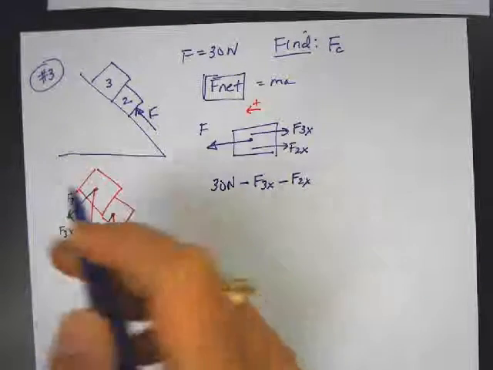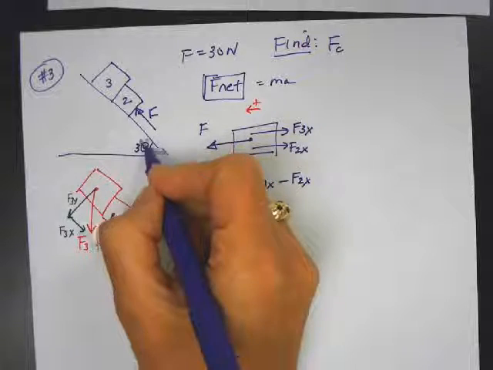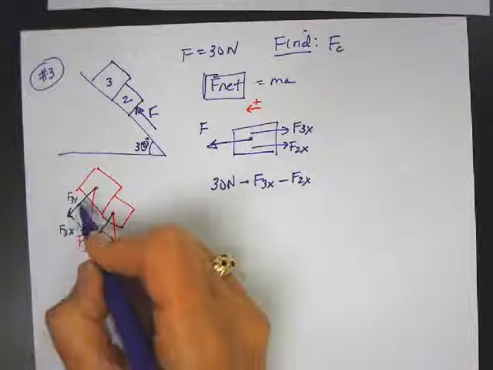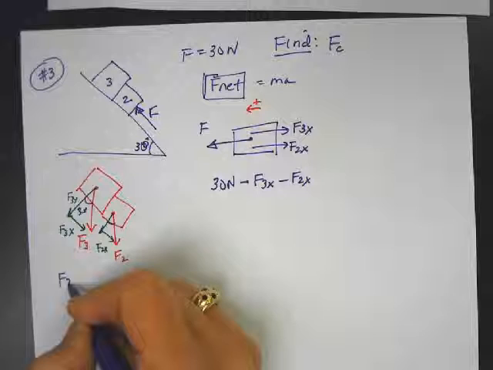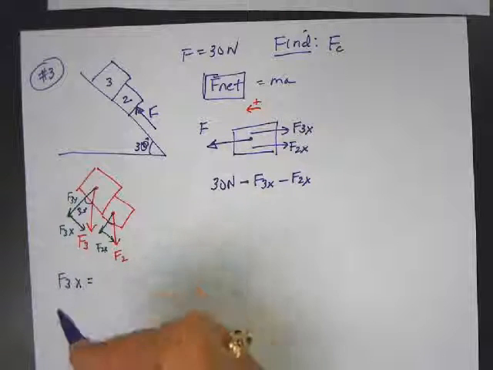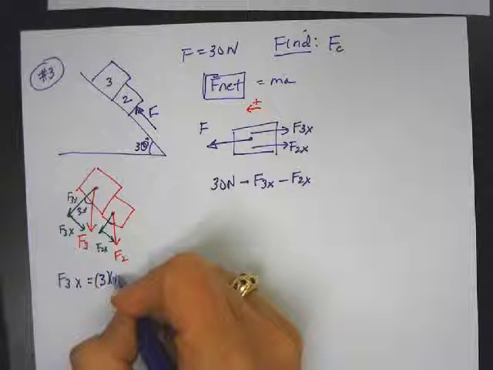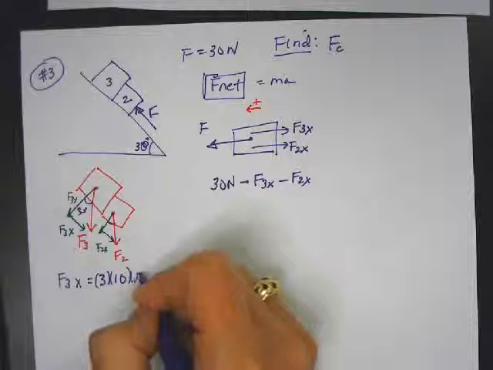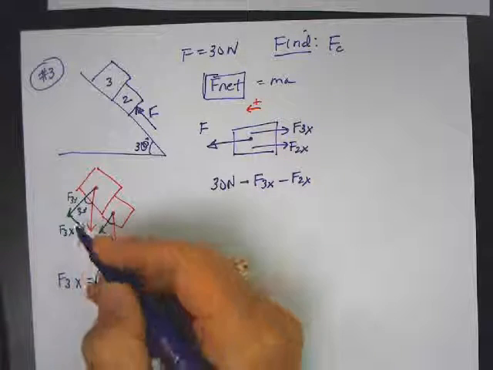Now to calculate this, remember they gave us this angle was 30 degrees. So when I do this, F3x ends up being 3 times, I can use 10 times the sine of 30, because this is opposite.